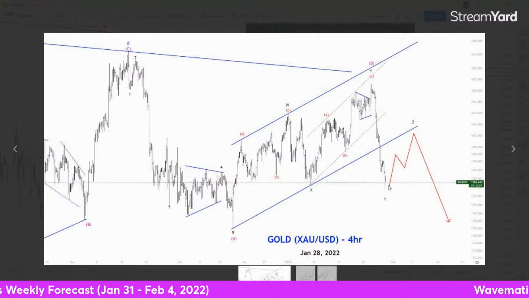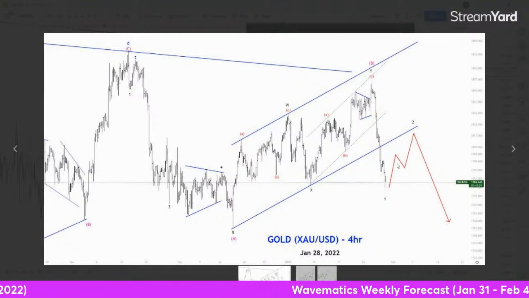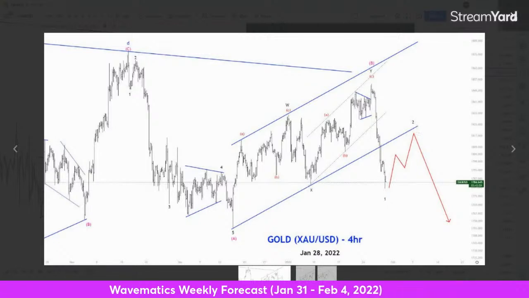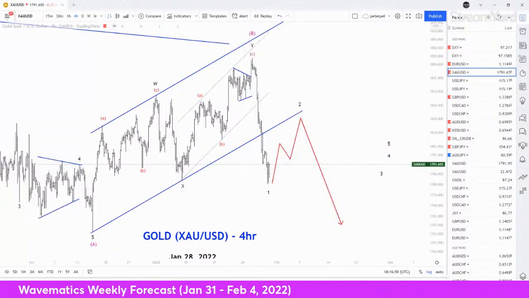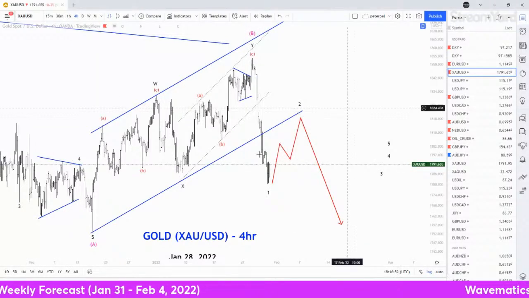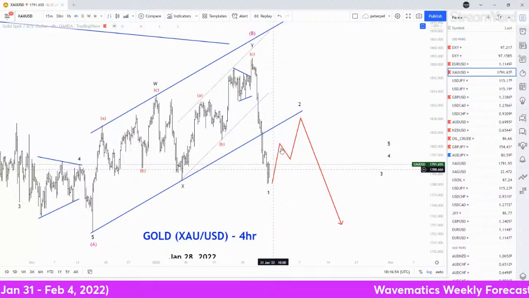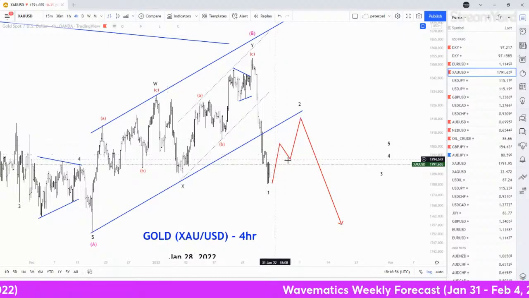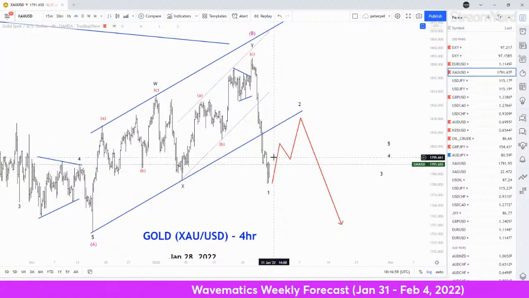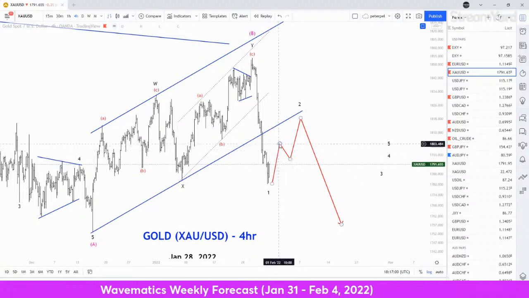So I was telling you we've completed black wave one, so expect a move to the upside for a correction for red wave two. If we go into the charts now, we can see that the upward move we are anticipating has already started. Now we are going to wait.